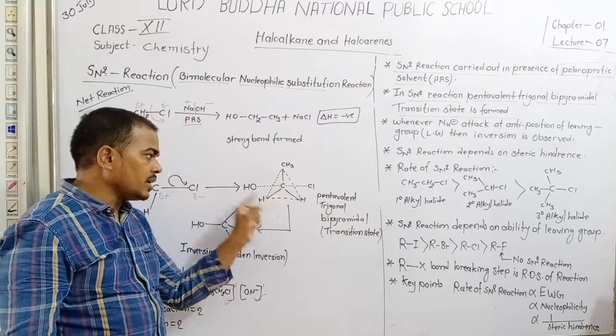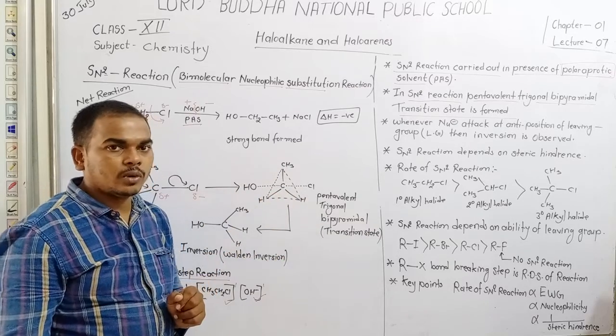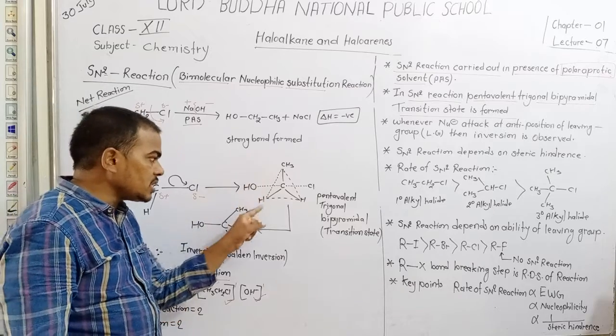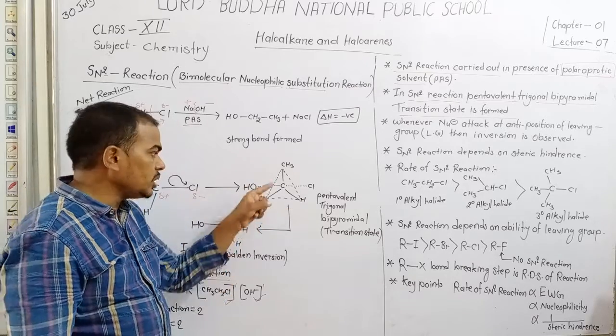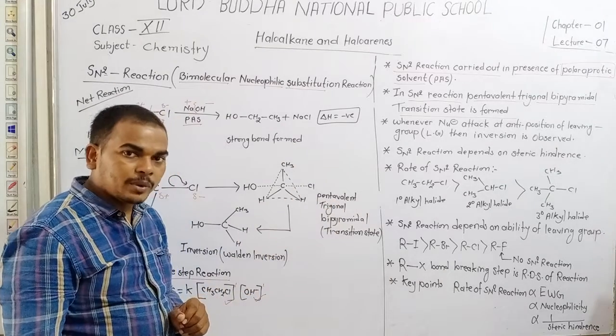So this stage is known as the transition state. Okay student, the shape of the transition state is pentavalent trigonal bipyramidal.